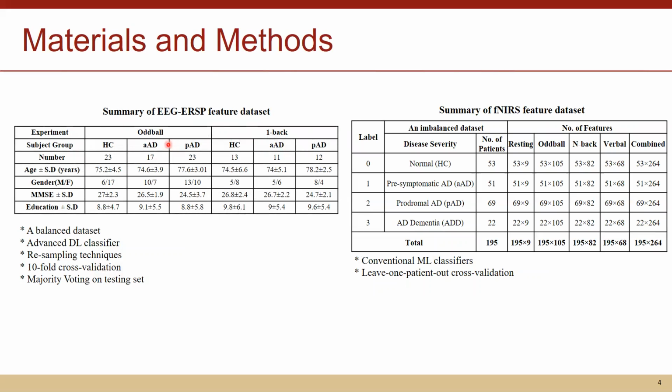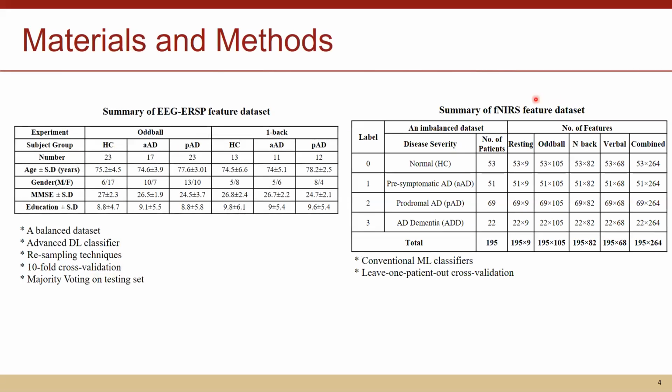At this stage, we collect a balanced dataset, and we use an advanced deep learning classifier. We also use resampling techniques to push the accuracy. During training, we use tenfold cross-validation and majority voting on the testing set to improve the classification accuracy.